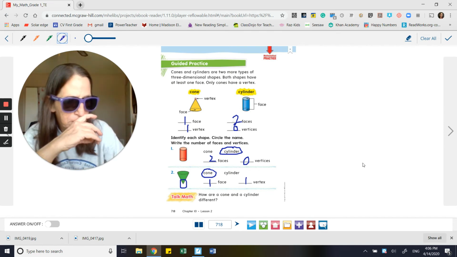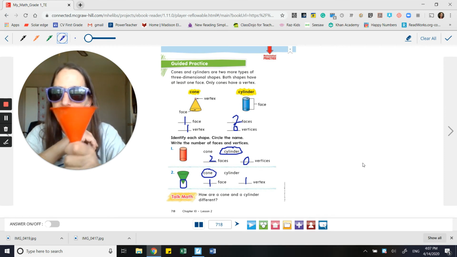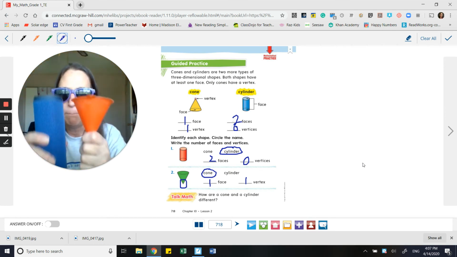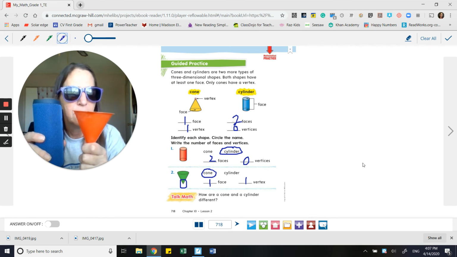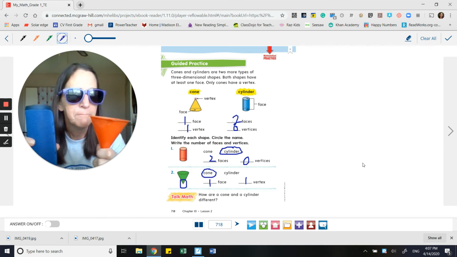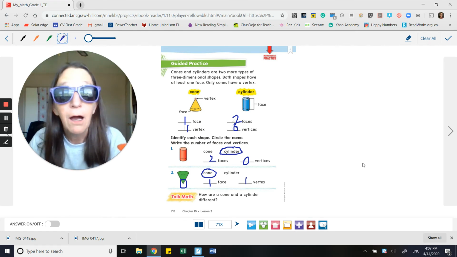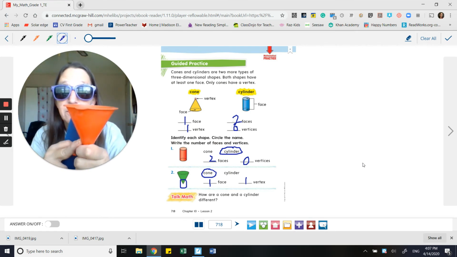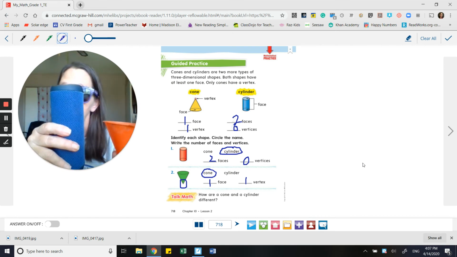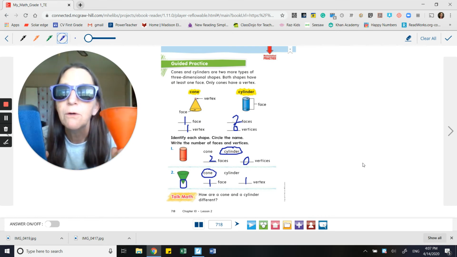So now I want you to look at my cone and my cylinder. How are they different? Think about it. What do you think? Yeah, you're right. A cone has a vertex, doesn't it? Cylinder does not. You got it. What else is different?